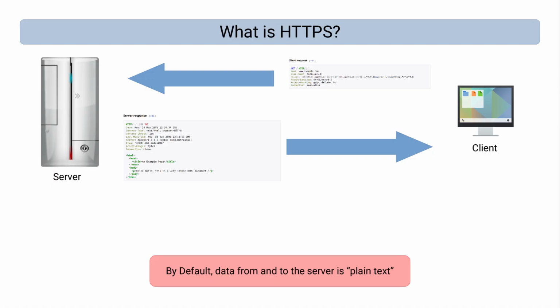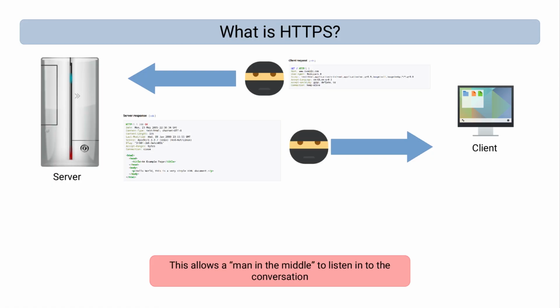That could be a problem if something inside that package is medical records that you don't want the entire world to see. So, with plain text, somebody, we often call a man in the middle, can listen in to both the request and the response, which is something we really don't want to do with medical records.